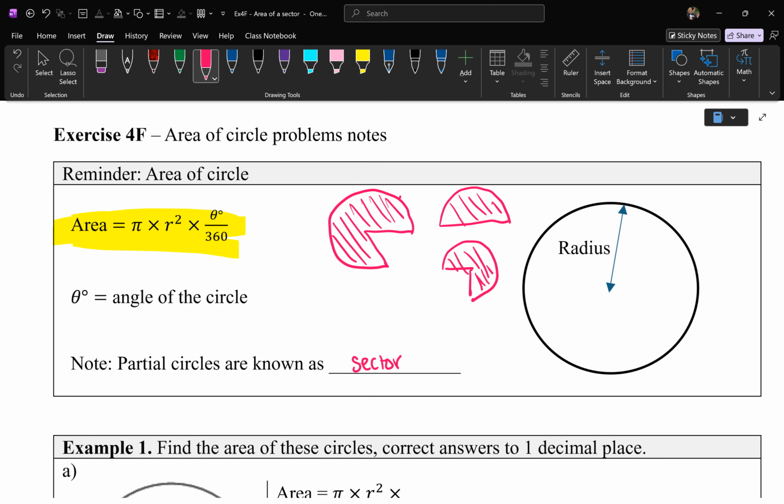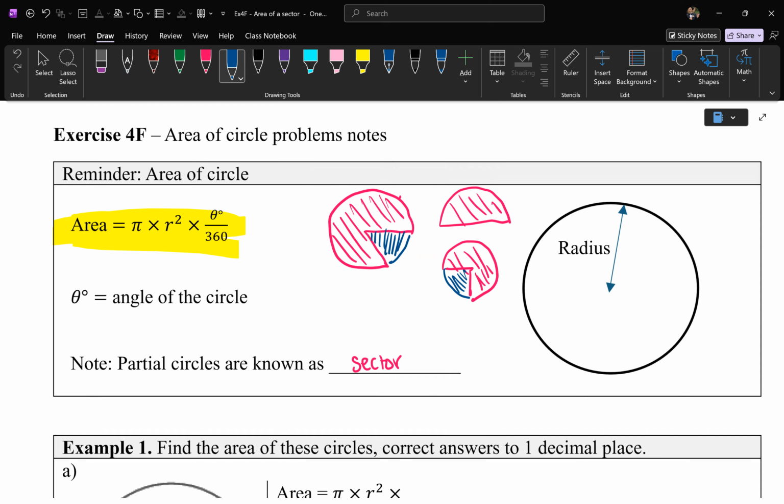So write that in. Partial circles are known as sectors, but there are 2 types of sectors that we differentiate. You see, when you find the areas, there's actually 2 areas in that circle there. Can you see how I'm coloring one in blue, one in red? There's one big portion and one small portion.